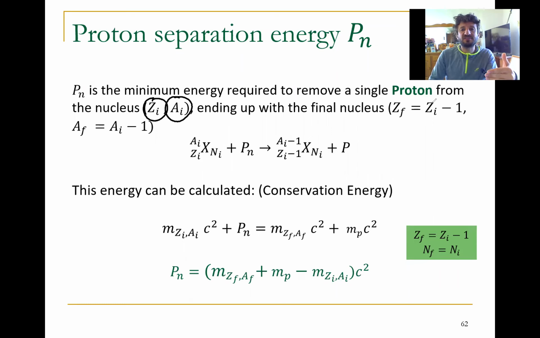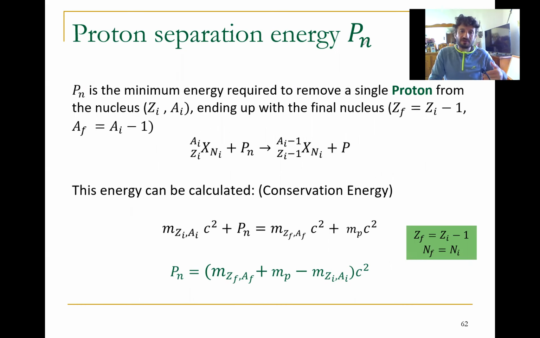So we have Z final equals Z initial minus 1. The number of neutrons will not be changed, but the total mass number A will be the initial one minus 1.